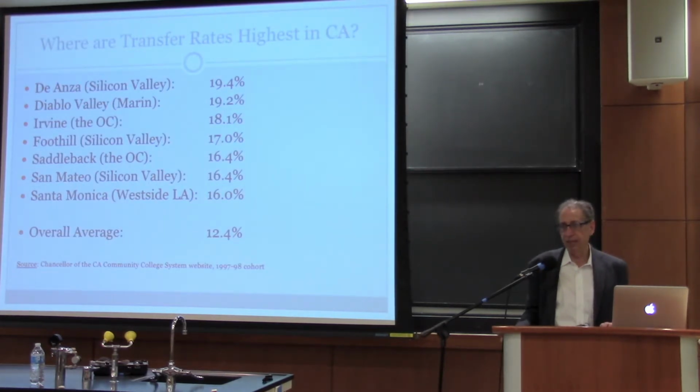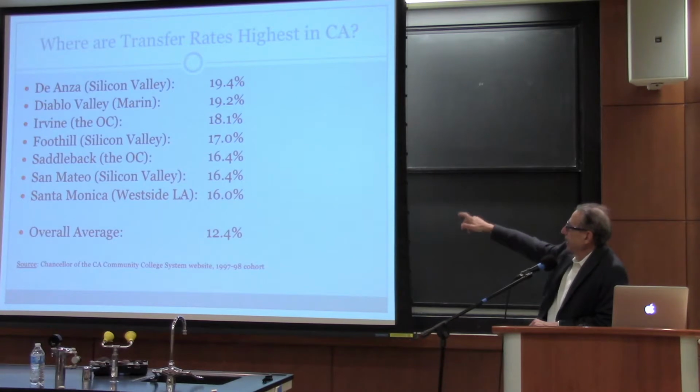A little point about where transfer rates are highest. Transfer rates are highly connected to the wealth of the community. California has a pretty high, decent transfer rate. This is anybody who starts at a community college, so it's not the finishing 12 degrees that many researchers use.